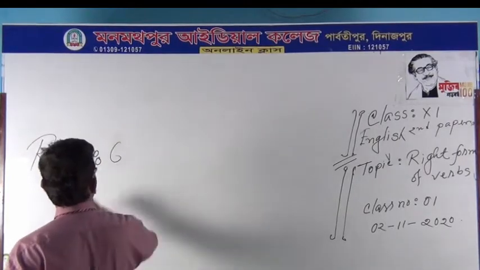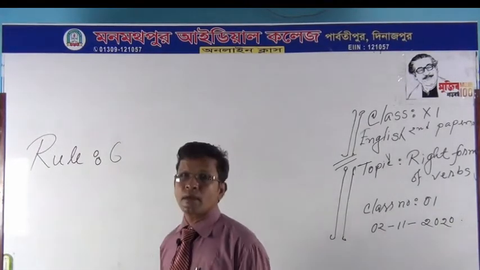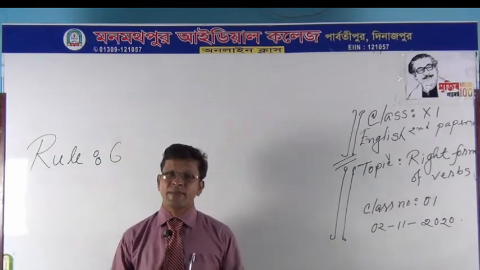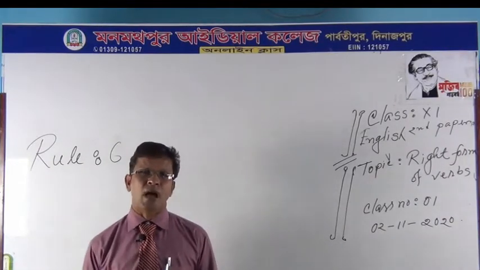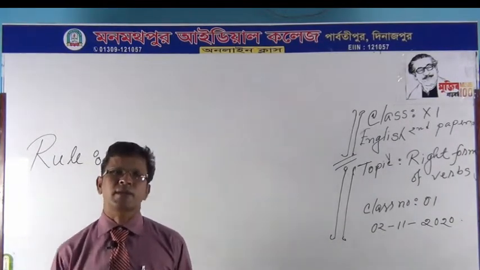Rule number 6. If you find wish and if there is a be verb within bracket, the answer will always be were, whatever the subject.